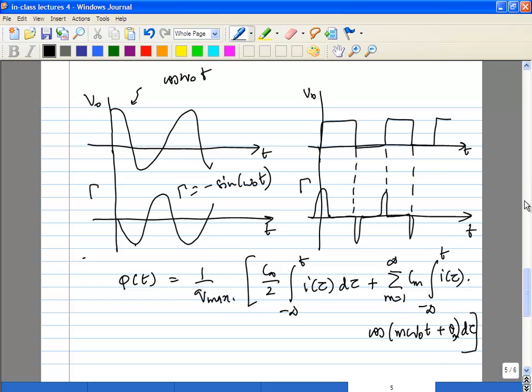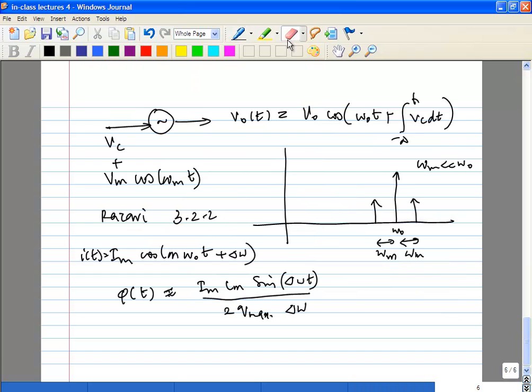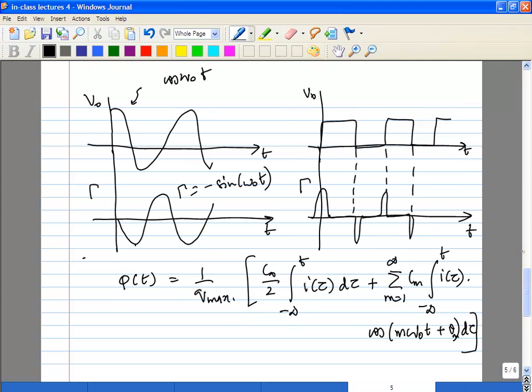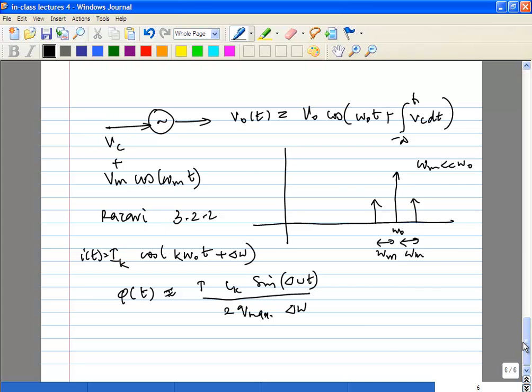Let's call it a different variable k. So when k is not equal to m, this integral will give you a very small number, and when k is equal to m, it will give you this term. It will give you something which looks like this.